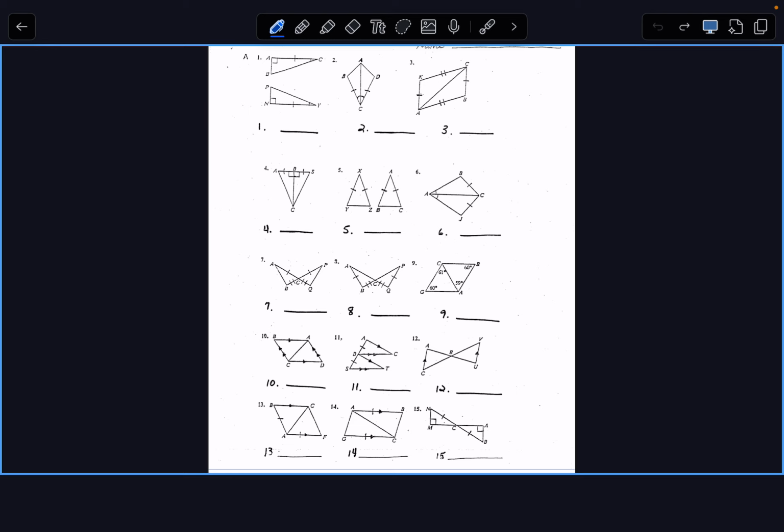From these parallel lines, these two are equal. No! The answer's no.